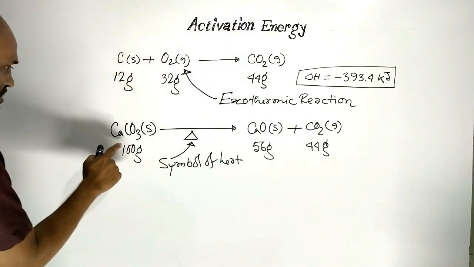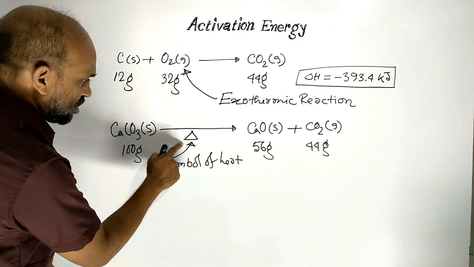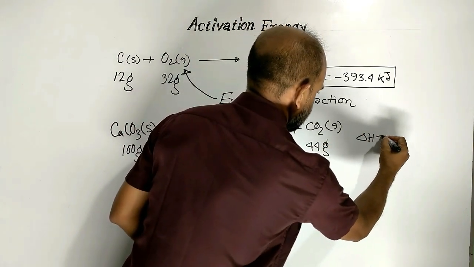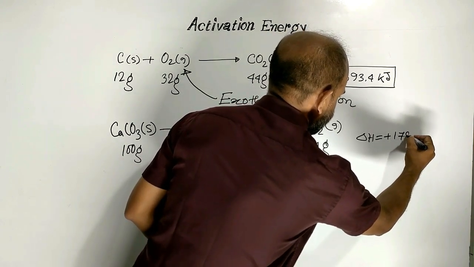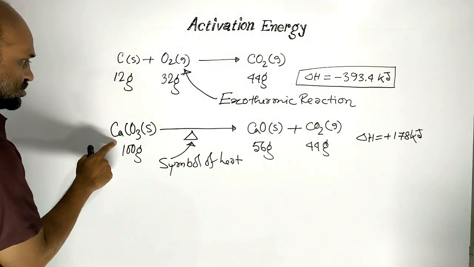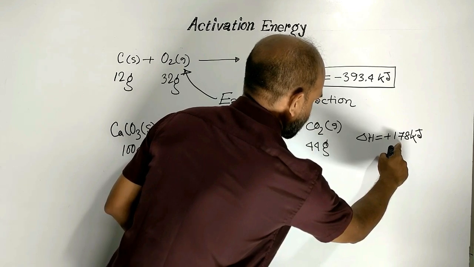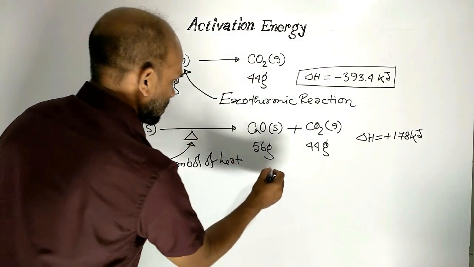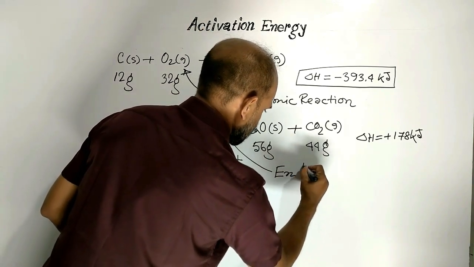Here, this reaction occurs with the absorption of some amount of heat, which is plus 178 kilojoule. That is, this reaction completes with the absorption of this amount of heat. So, this reaction is called endothermic reaction.